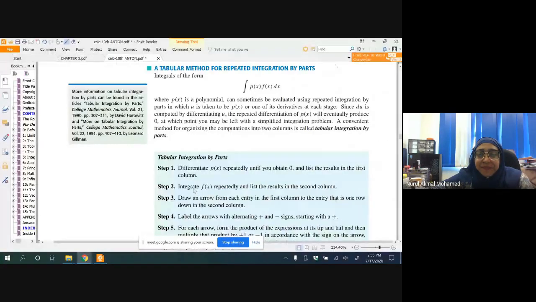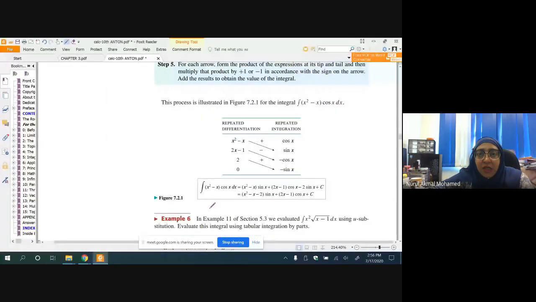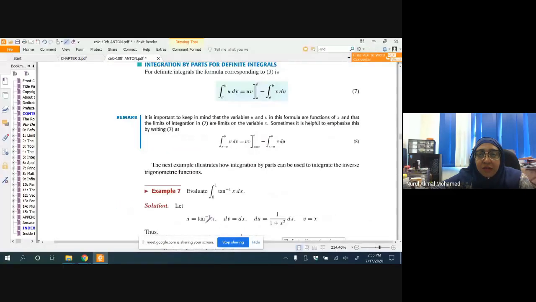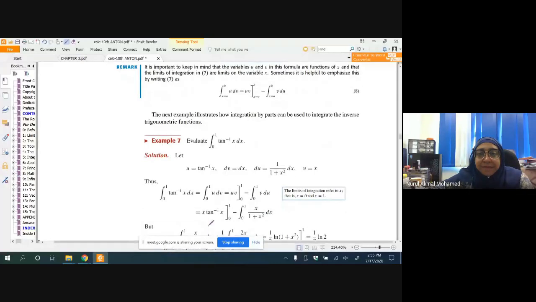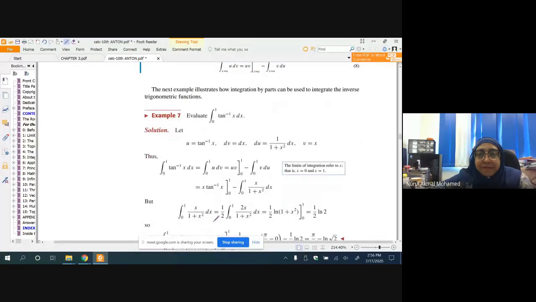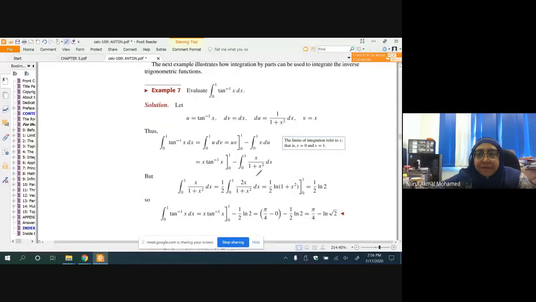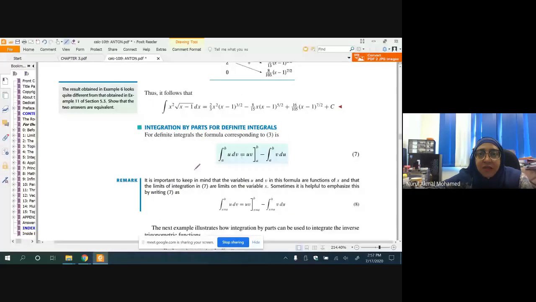Now, let's look at integration by parts for definite integrals. This is just the same idea, but for the definite integral.